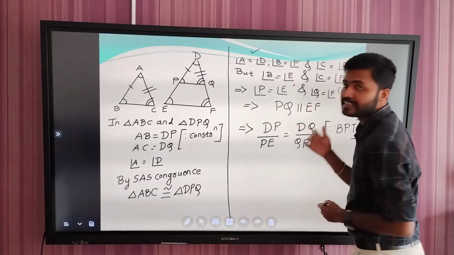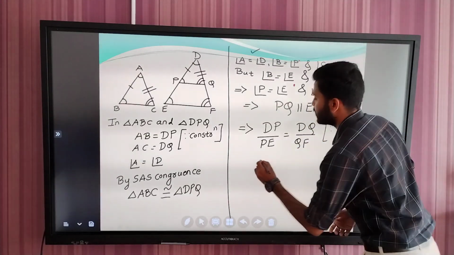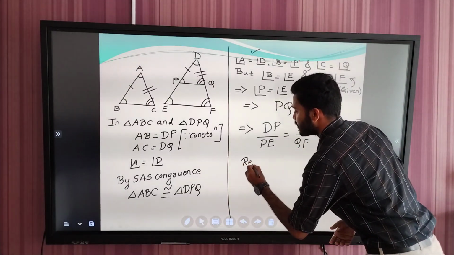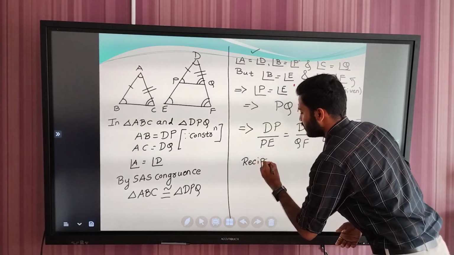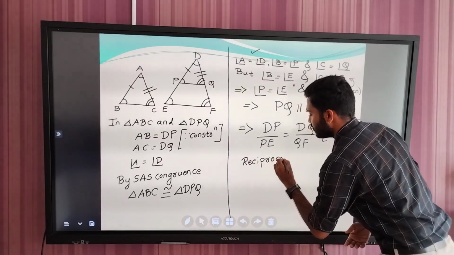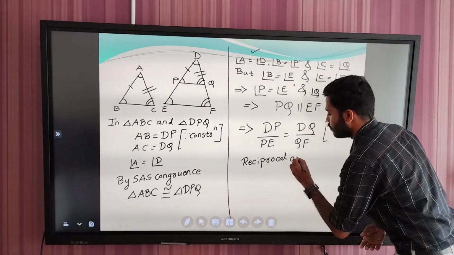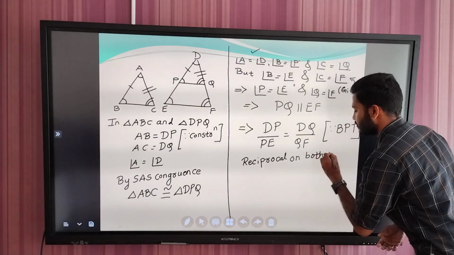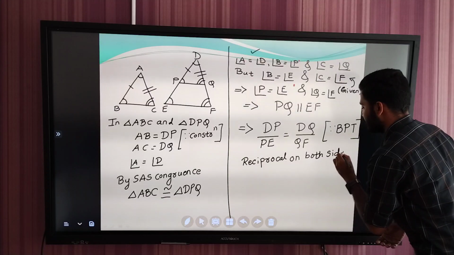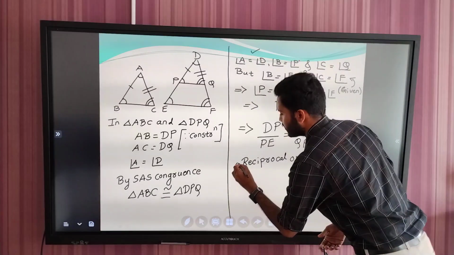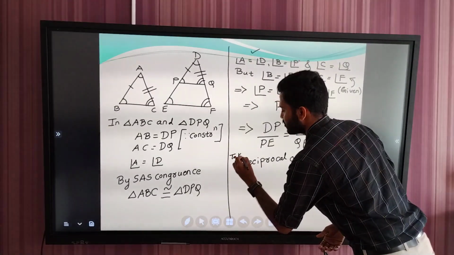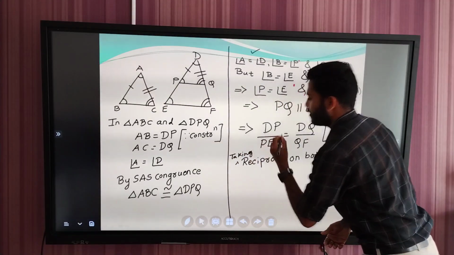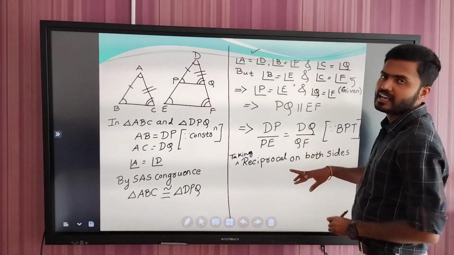Now I'll take the reciprocal on both sides. Taking reciprocals on both sides, what happens?